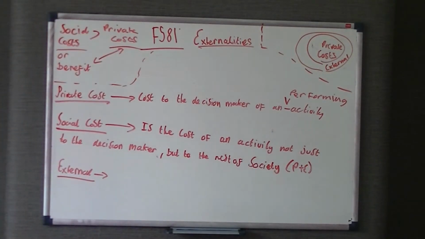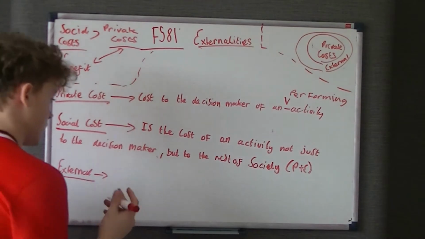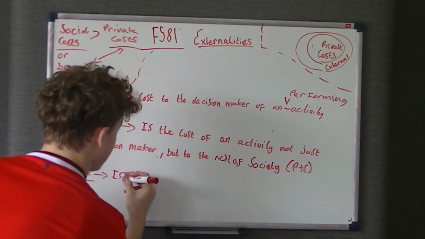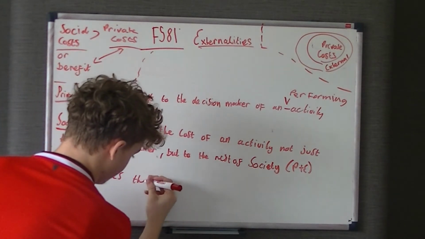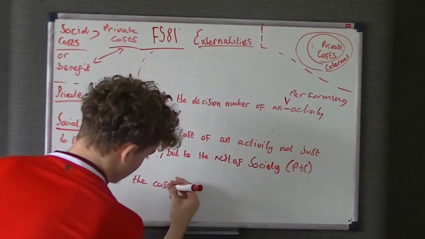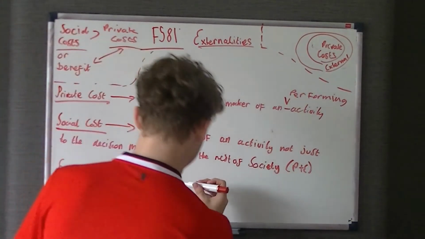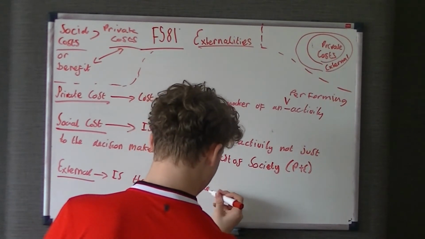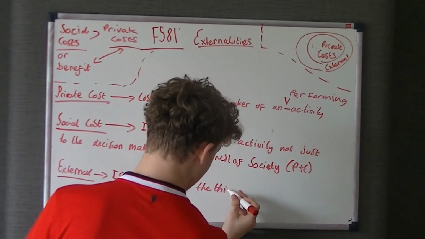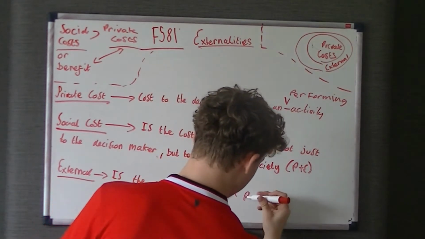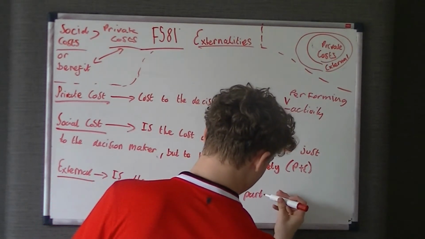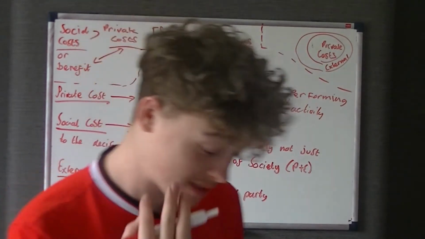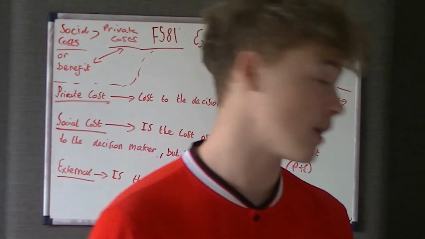So external cost is the cost of an activity to the third party. Now when you're in an exam, you can't just say third party, you need to relate it to the case study.